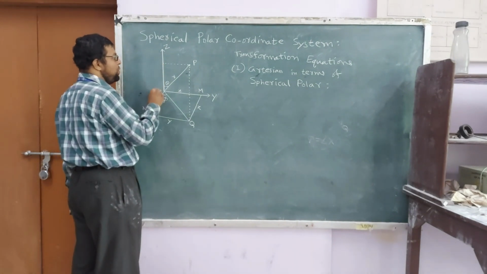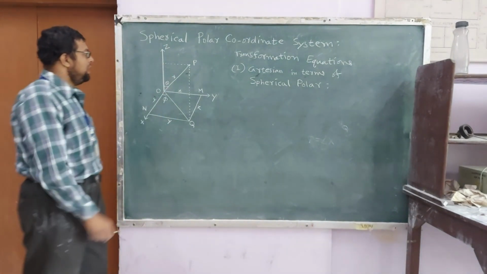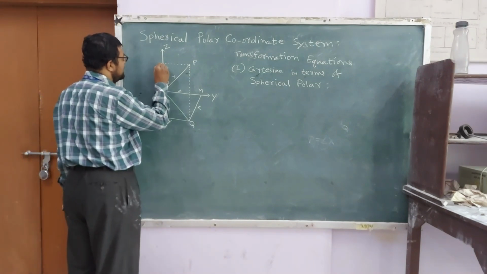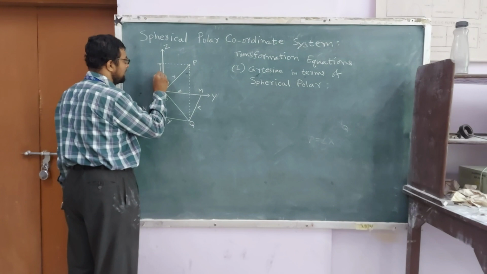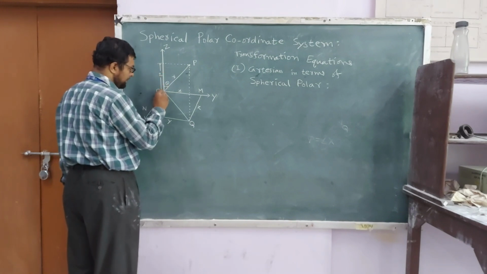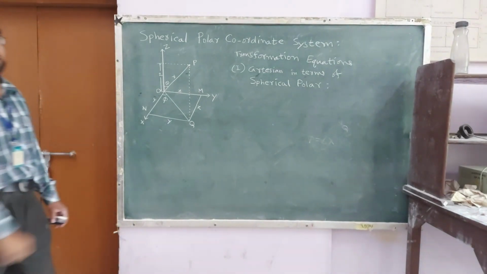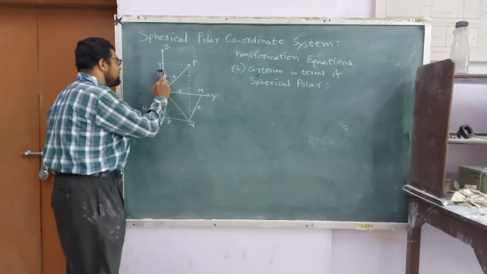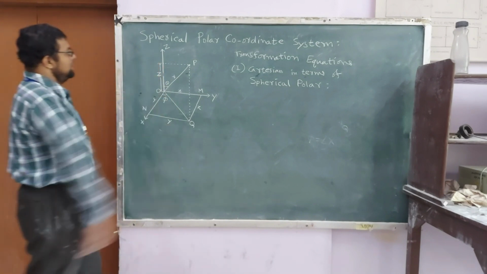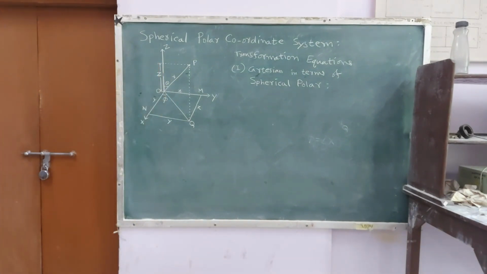Then this distance from O to this point is nothing but our Z coordinate. Okay? So this is of course our Z coordinate. I will draw it slightly bigger so that it will be visible.